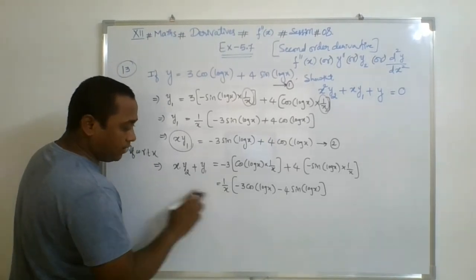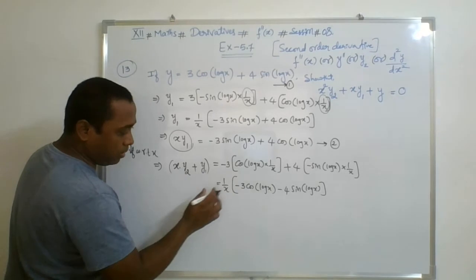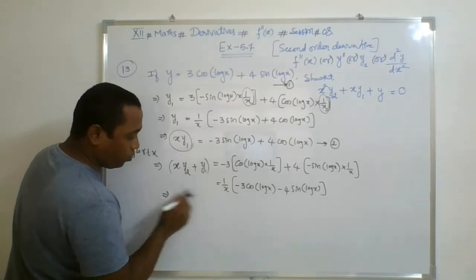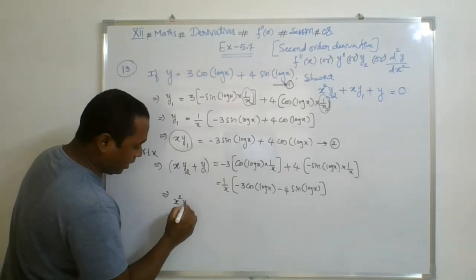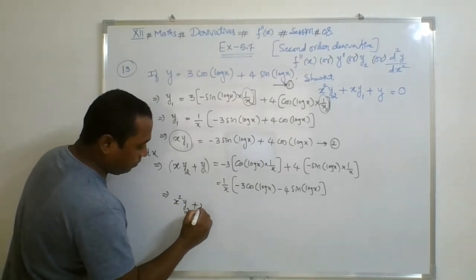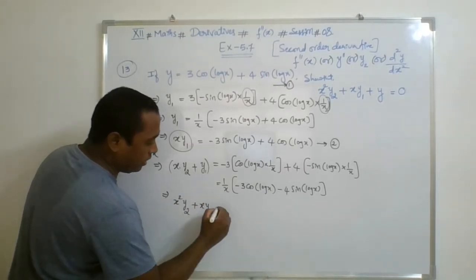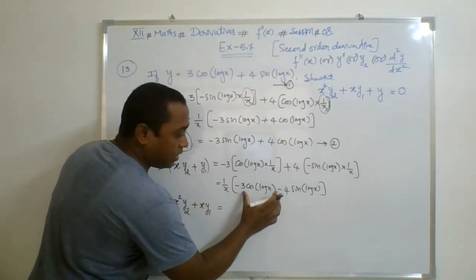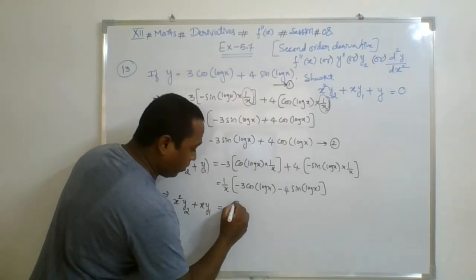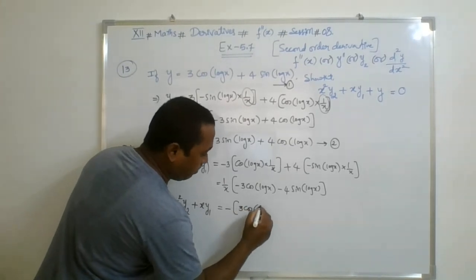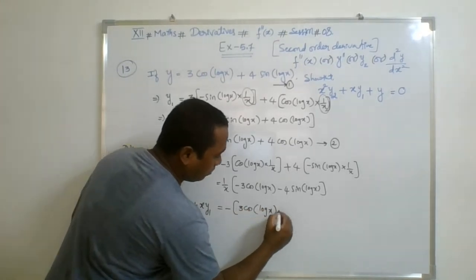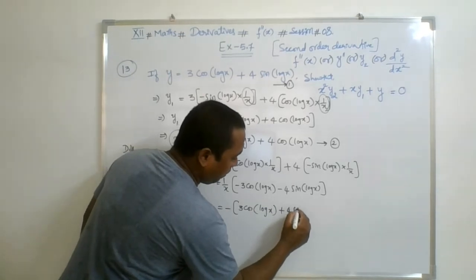I can take this x in multiplication. So the left hand portion becomes x square into second order derivative plus x into first order derivative equal to, if I take minus common from this entire expression, you could see it becomes a given function.